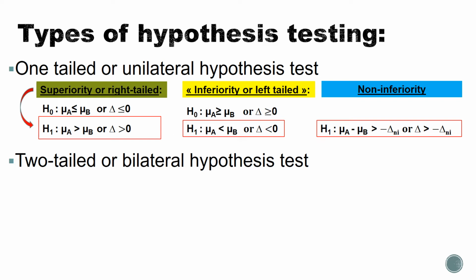Non-inferiority is an exception. Usually in statistics, especially in biostatistics, you only hear of superiority, inferiority, and then bilateral or inequality tests. Hardly do you hear of non-inferiority or equivalence.